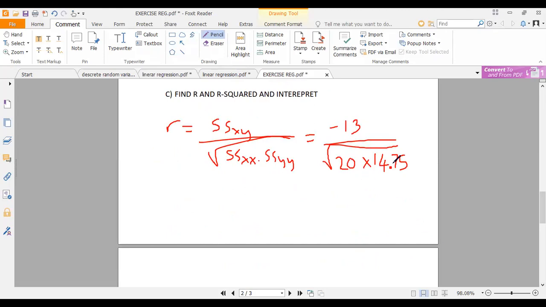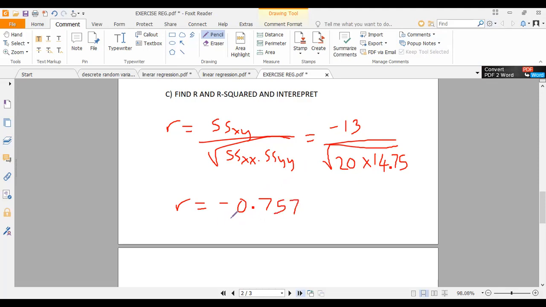You just multiply these two, then square root them, then divide into negative 13. We get negative 0.757.